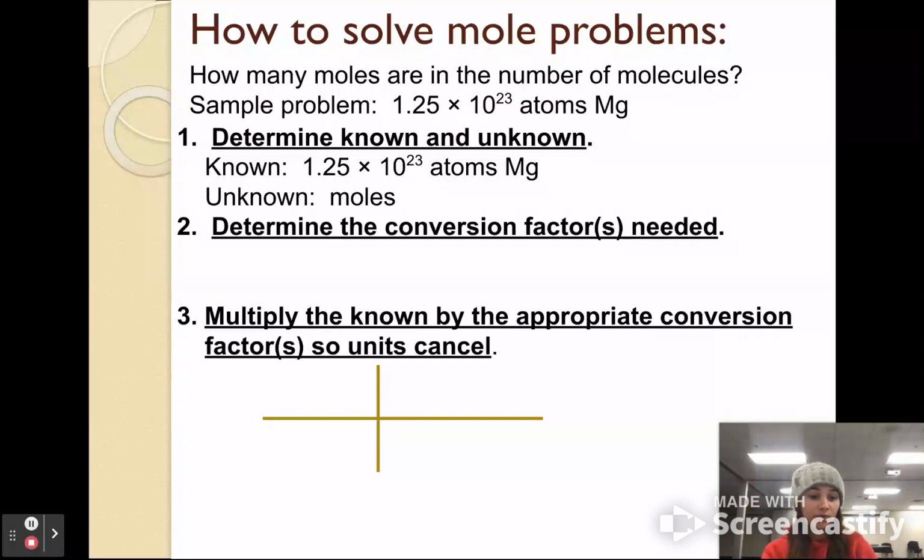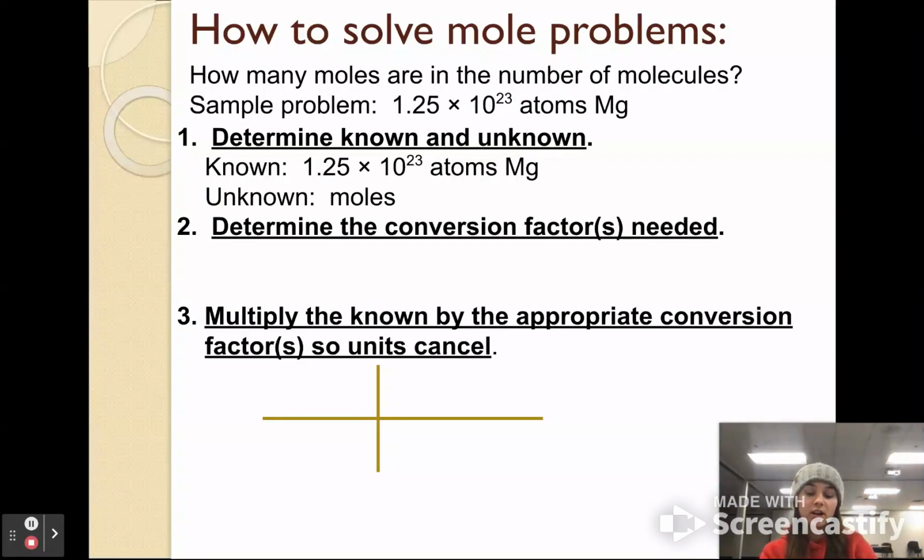That means my conversion factors would be 6.02 times 10 to the 23rd over 1 mole, or you'd have 1 mole divided by 6.02 times 10 to the 23rd. Either way, you just need 6.02 times 10 to the 23rd on the top and then 1 on the bottom. And those are my conversion factors, right? Because that will get me from particles to moles.